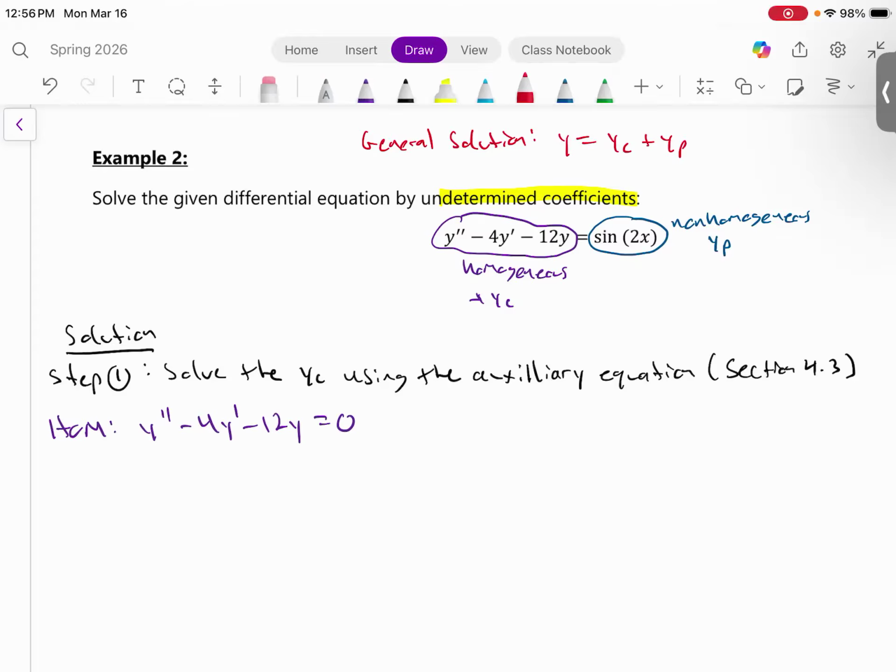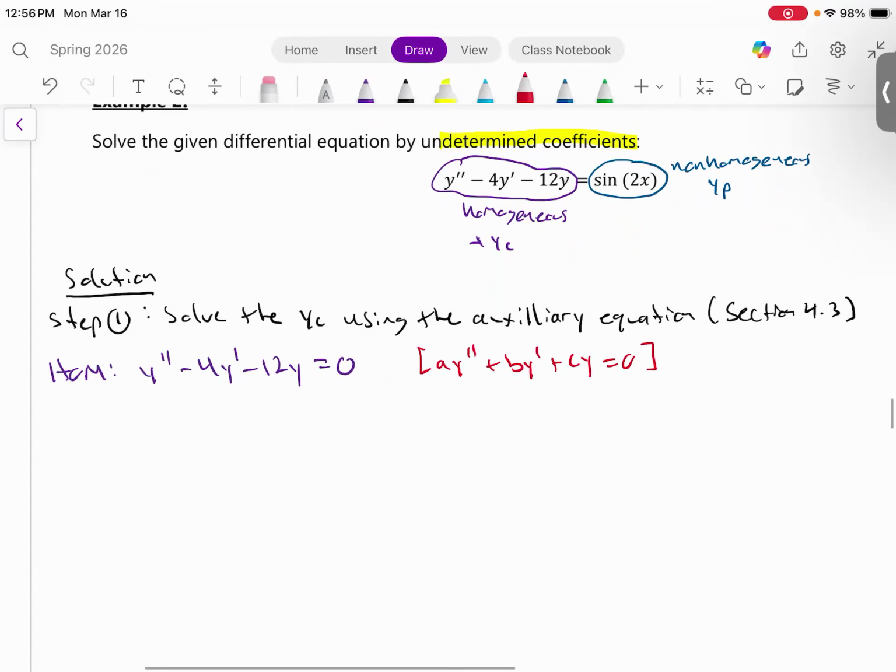And remember how to solve these constant coefficient homogeneous differential equations. They are typically of the standard form ay double prime plus by prime plus cy equals 0, where a, b, and c are constants. With these constants, we set up an auxiliary equation. So we would have a equal to 1, b equal to -4, and c equal to -12.